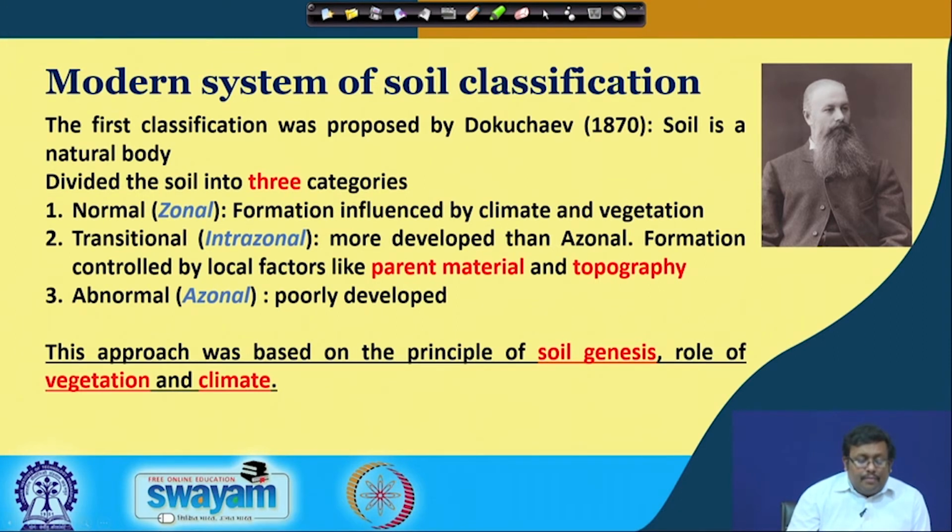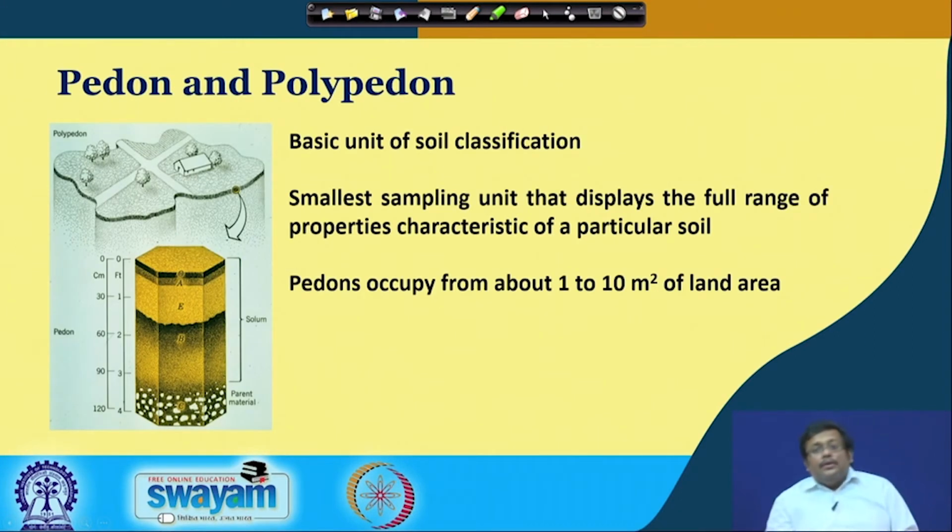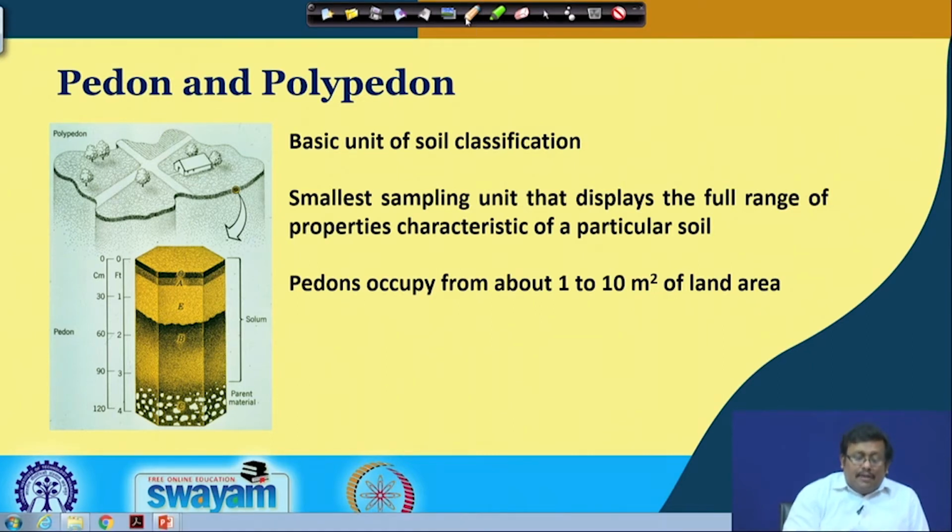Before we go to the next classification system, we need to discuss some important terms. One of these terms is called pedon. As I have already told you, soil is a natural body, and in the landscape one soil differs from another because soil is very heterogeneous.